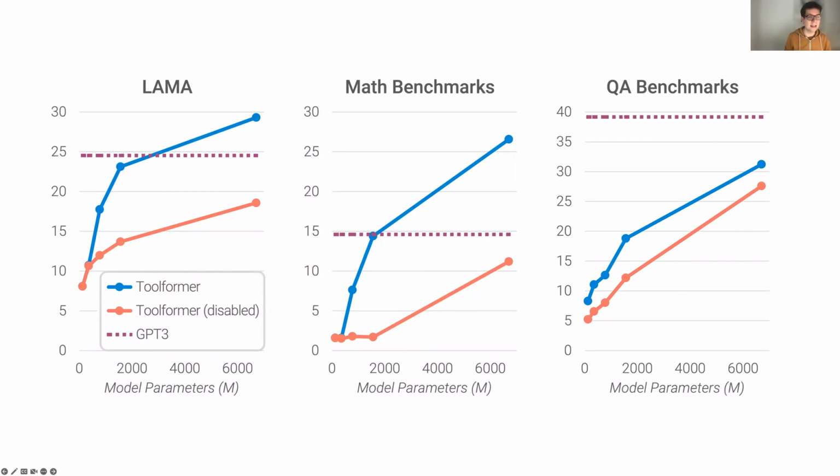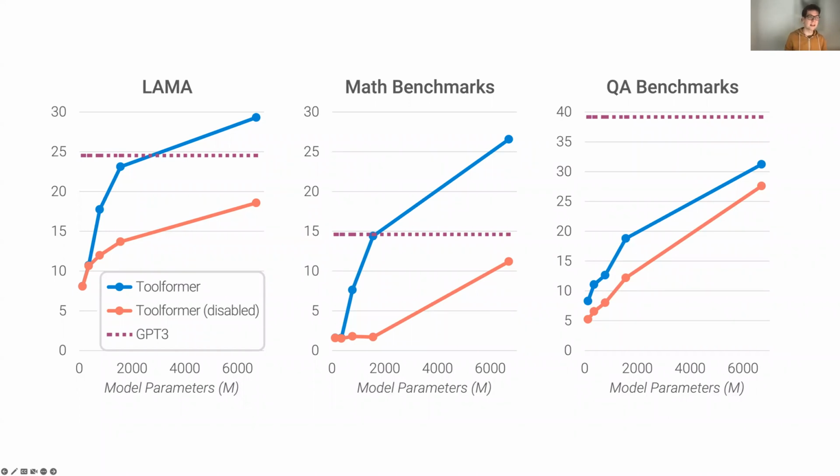Here things look slightly different in that the question answering or the wiki search is helpful right from the start, perhaps because it's way simpler to use than the other tools. For wiki search, you really just need to write any keywords and you might get useful results. For the question answering and the calculator tool, there are a few more constraints on how the API call needs to look in order to get something useful.